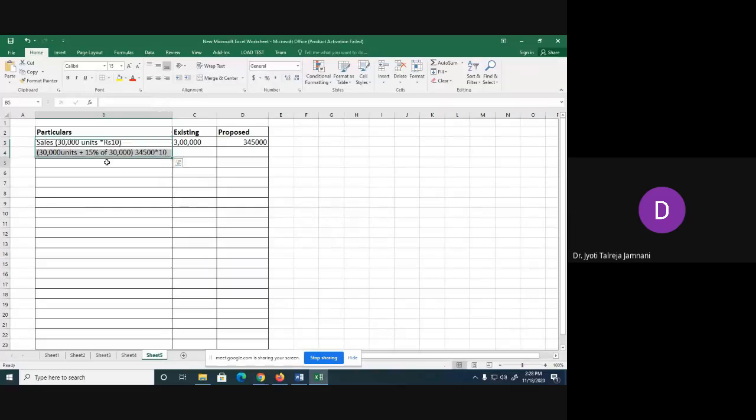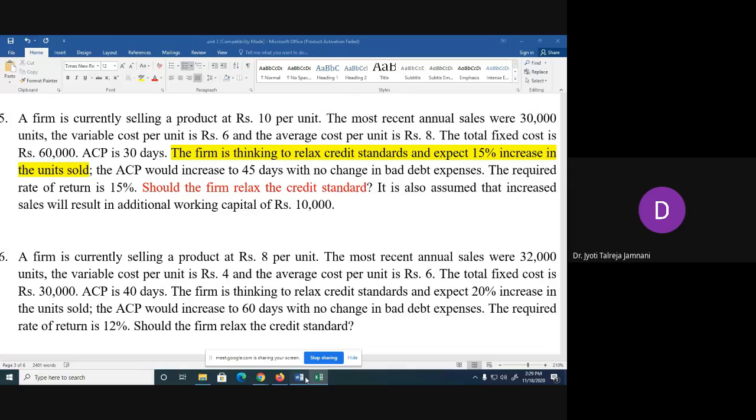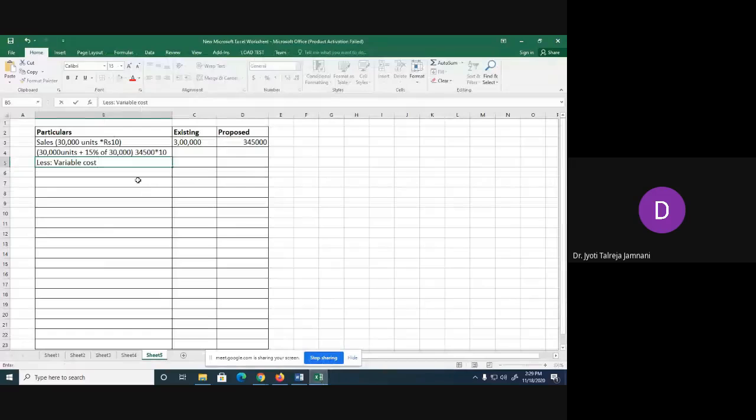Okay, let's go to the next thing. That is, from sales we minus the variable cost first. So I will do less variable cost. What is the variable cost value given? Let us see. The variable cost per unit is rupees 6. We have the number of units. For existing, the number of units is 30,000 units.